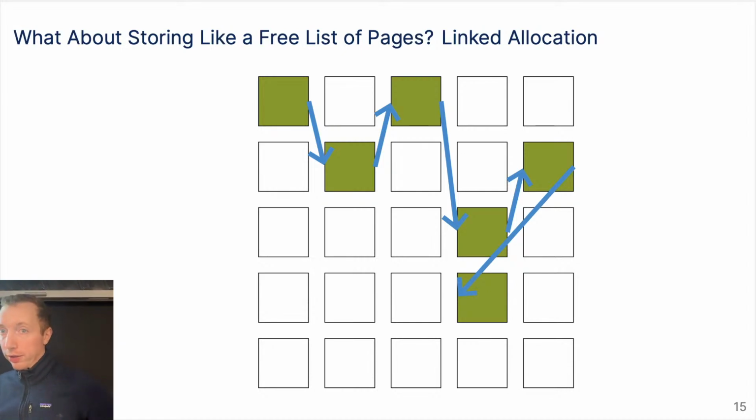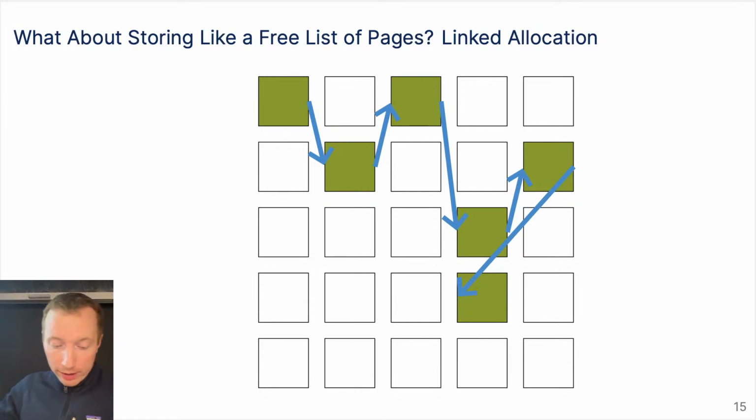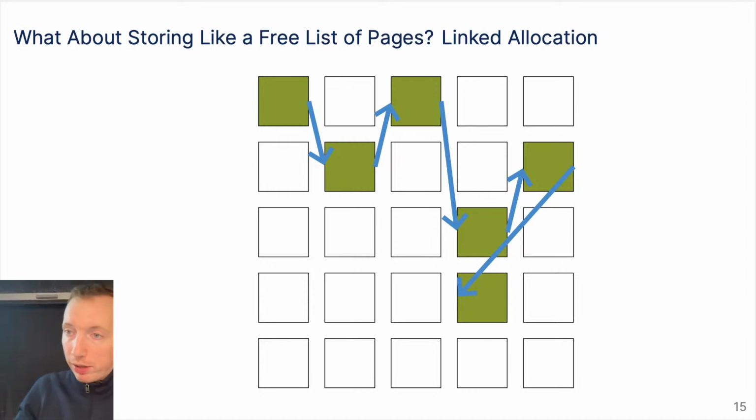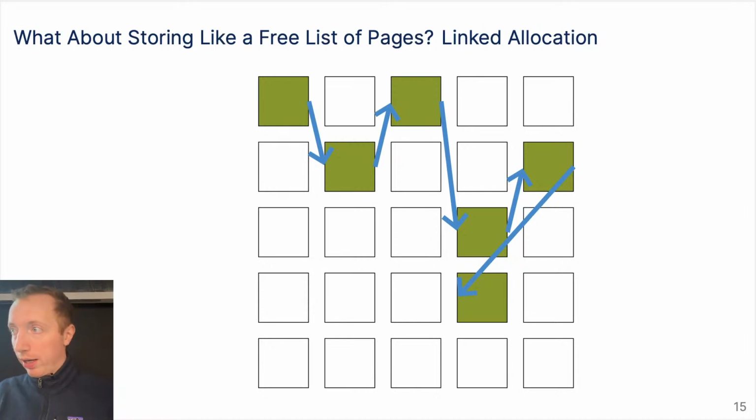So what I could do is within a block, so say all these green blocks represent that green file, all you would have to specify to say where that file is, you would specify the first block, and then within each block would have a pointer to the next block. So the blocks would be a little smaller in terms of usable size.